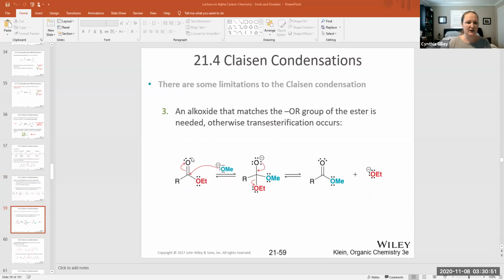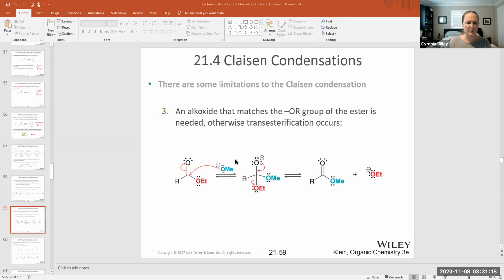The third limitation is that we do need to use the matched alkoxide, right? So if this is an ethyl group, then the base that we use must be sodium ethoxide instead of sodium methoxide, for example. And the reason for that is to avoid transesterification. We talked about the fact that the base that's used can act as both a base and a nucleophile, right?